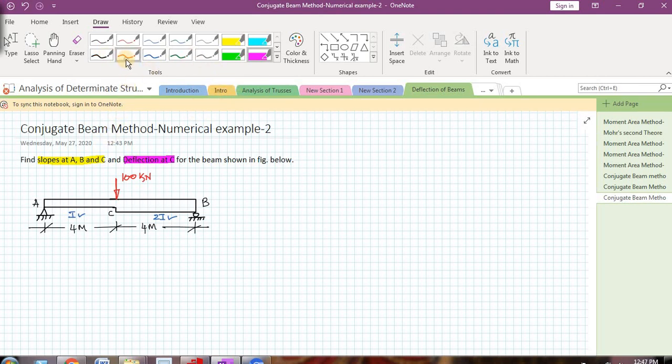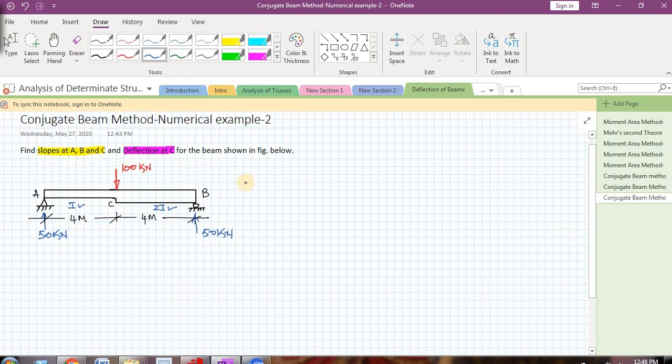First let me find out what are the reactions which are coming on this beam. Since it is 100 kN exactly at the center, I can directly write the reaction at A is 50 kN and the reaction at B is also 50 kN. Now once it is done, let me draw this real beam.